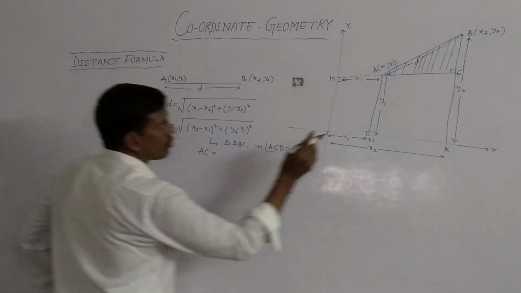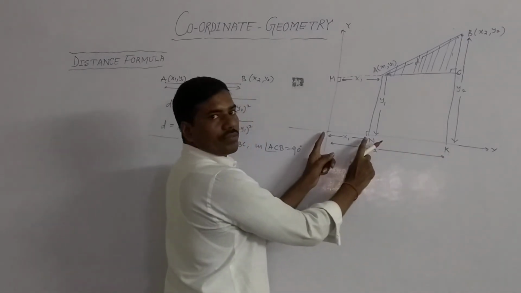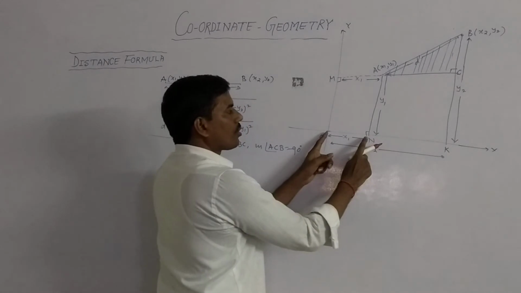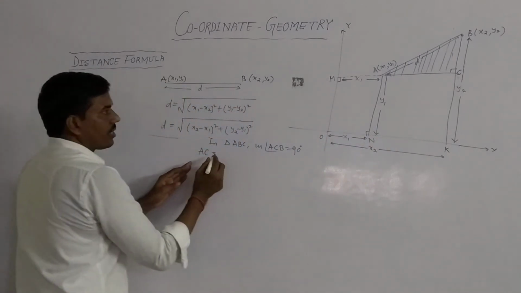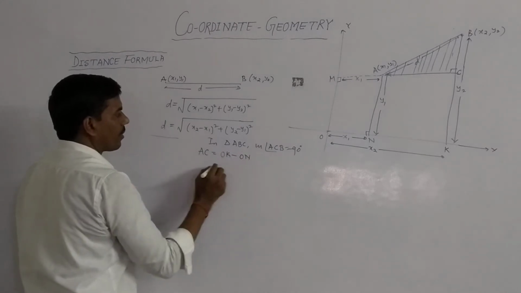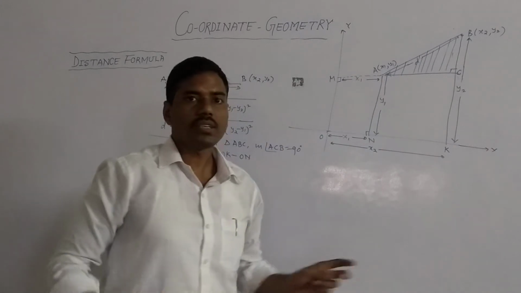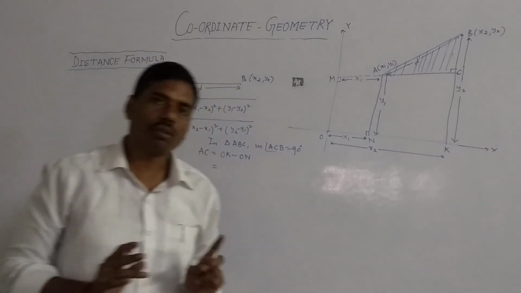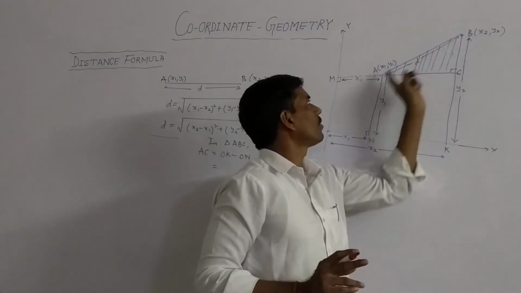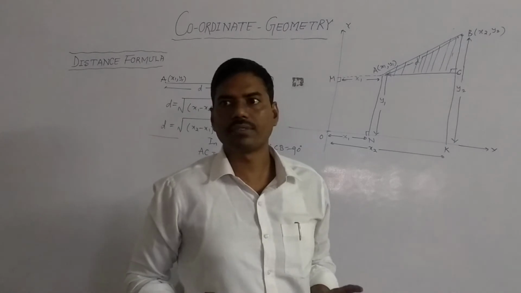So the length of AC is equal to OK minus ON. The length of segment OK minus the length of segment ON. Clear? In triangle ABC, we have to find all sides. The length of side AB is D, which we have to find.